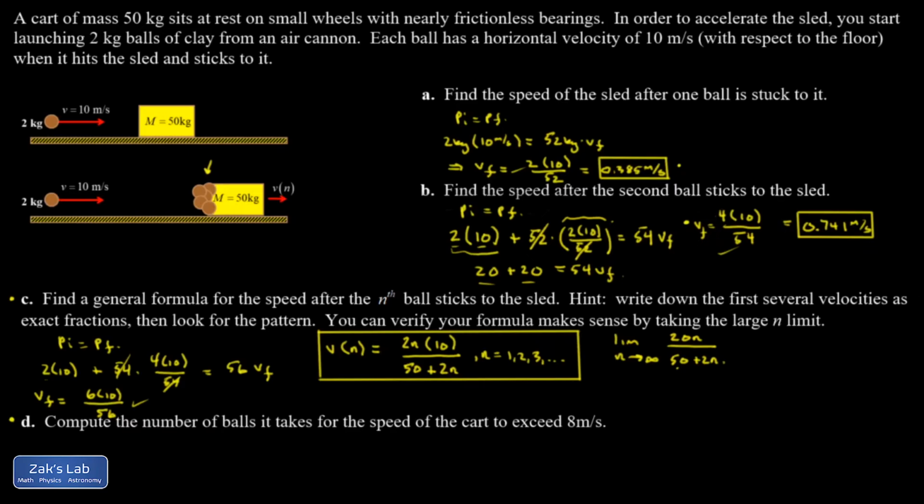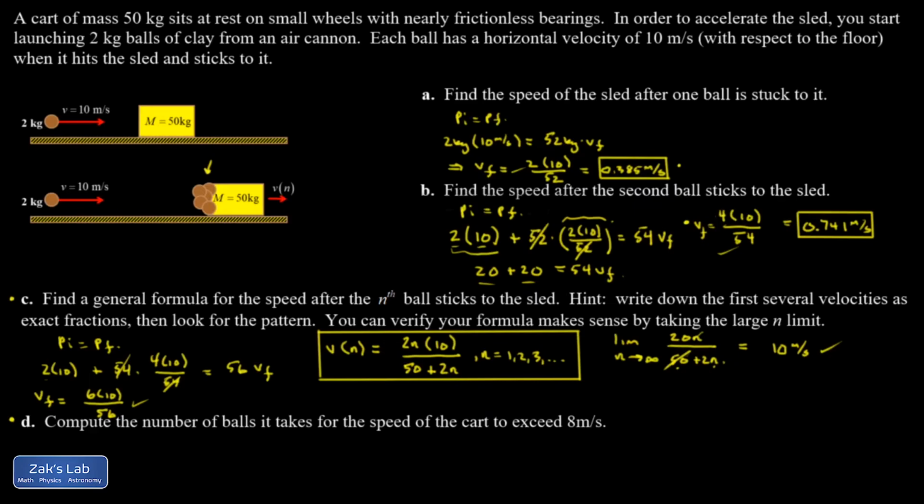If I think n is 1,000,000, then the 2n would give me 2,000,000, and the 50 would be a negligible correction. So in other words, in the large n limit, that 50 is irrelevant, and I cross it out. Now I can simplify inside my limit, and the n's cancel, and I get 20 over 2, which is 10. And I've verified that in the large n limit, I'm going to get a velocity of 10 meters per second on this cart.